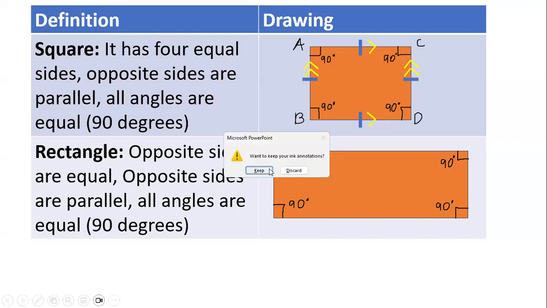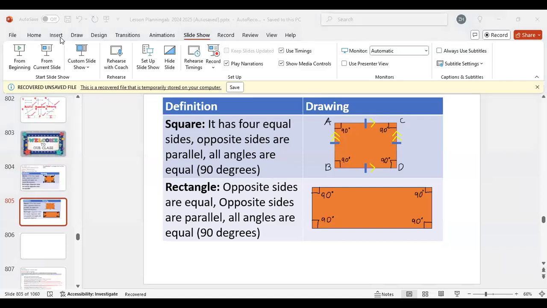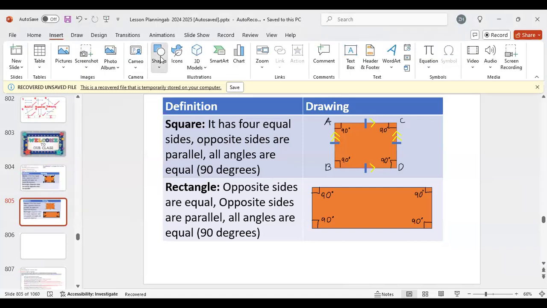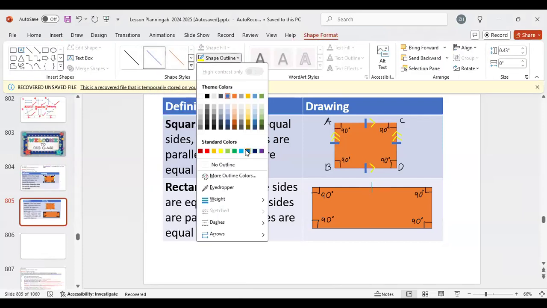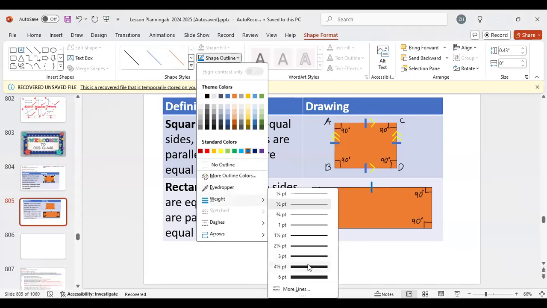Okay, so let's go ahead and draw our rectangle. Our rectangle looks plain, so we need to add some stuff. What are we gonna add first? Let's add our lines.